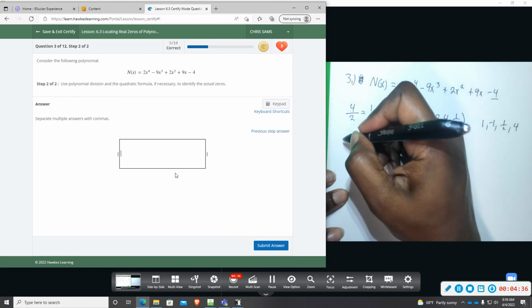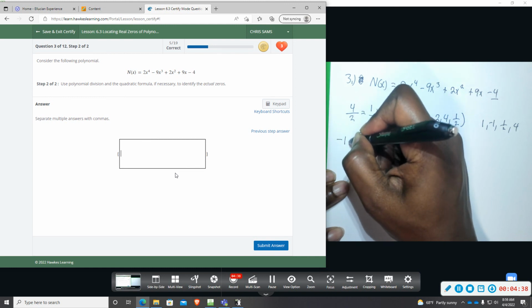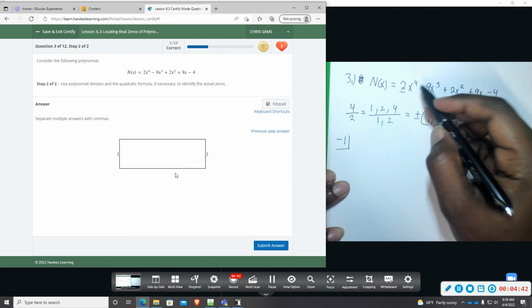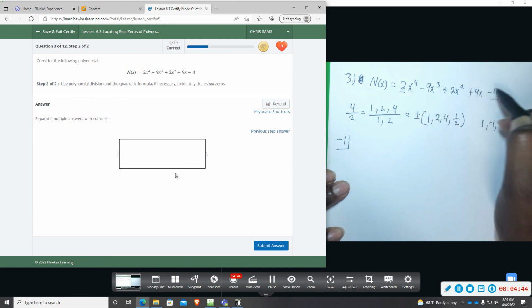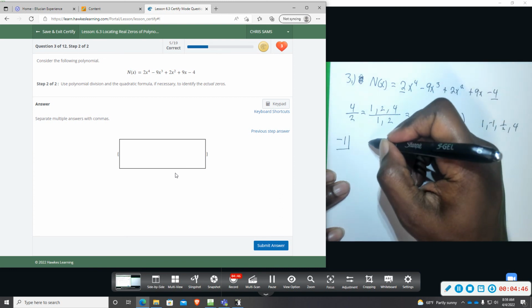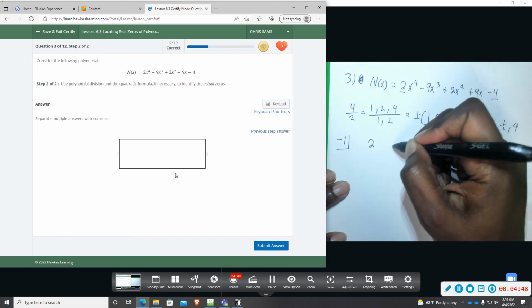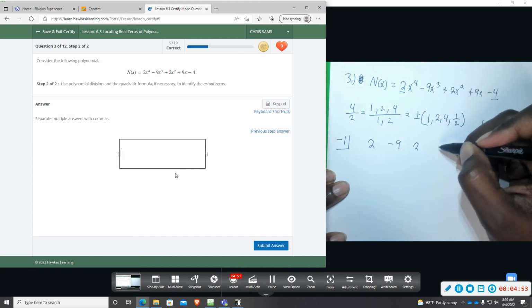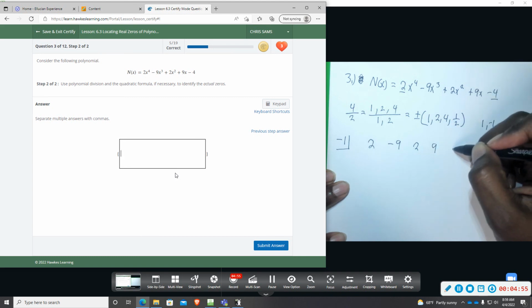So I'm going to try -1 first. I'm going to list my terms. I have 4, 3, 2, 1, 0. Not missing any terms. I'm going to write down a 2, -9, +2, +9, and then -4.